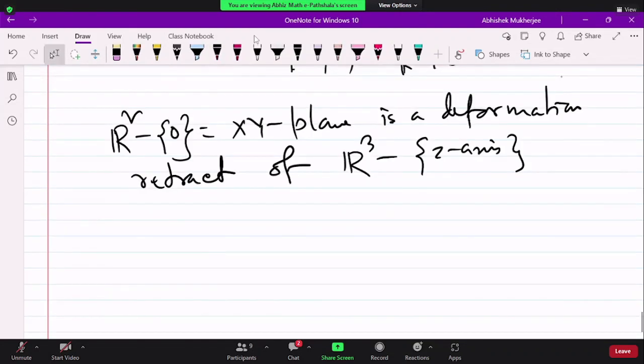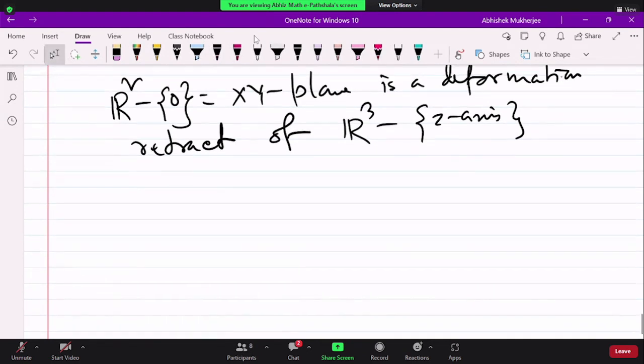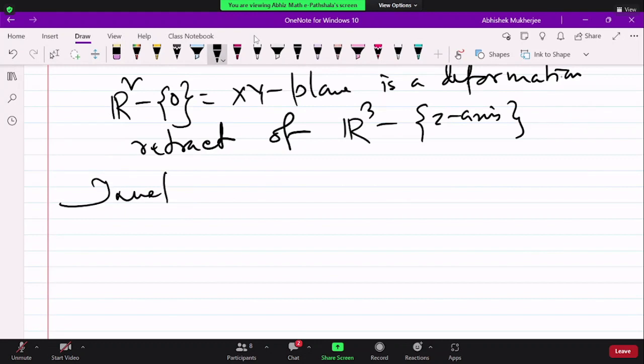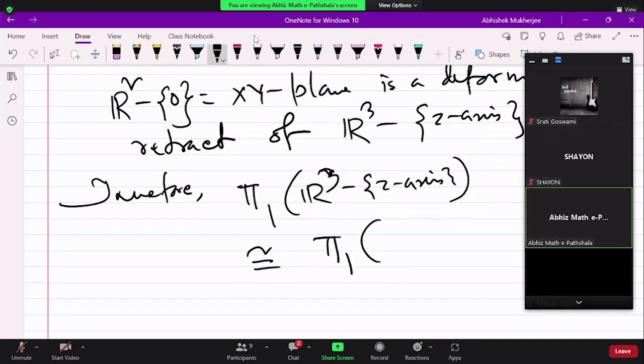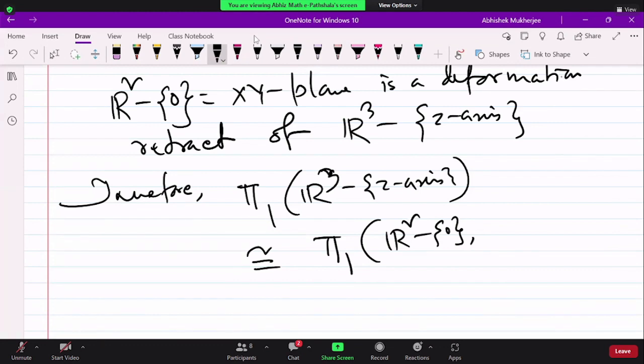And therefore, in view of the previous result, which has been settled, that the fundamental groups are isomorphic, so this one, R3 minus Z axis, is isomorphic to the fundamental group of the punctured plane, deleting a point, based at the point B naught.